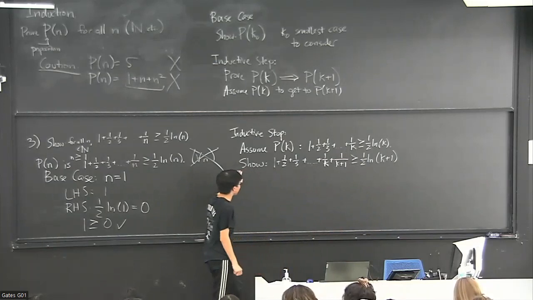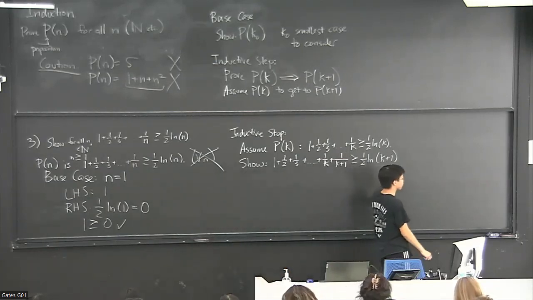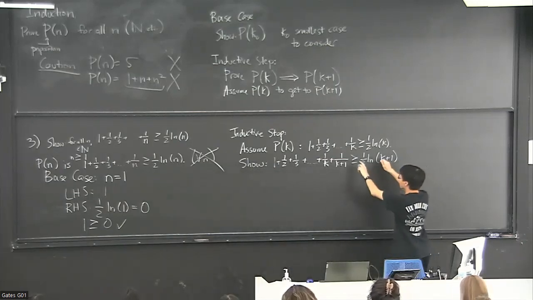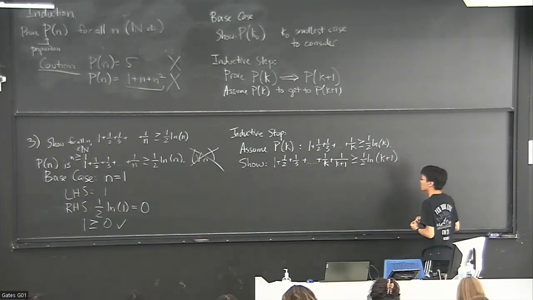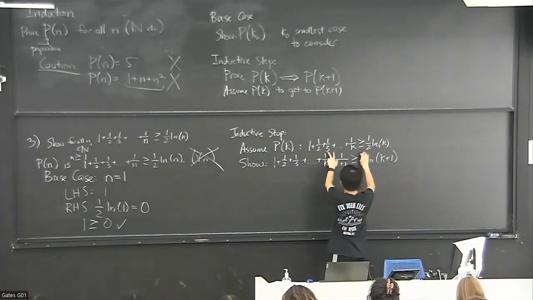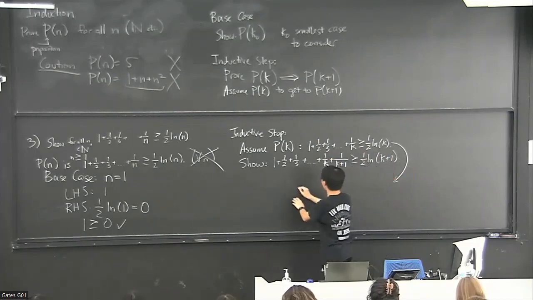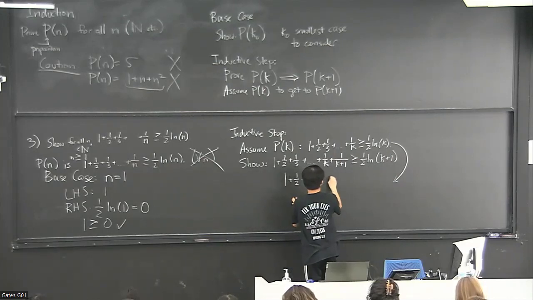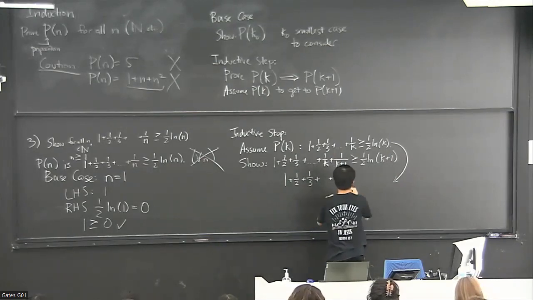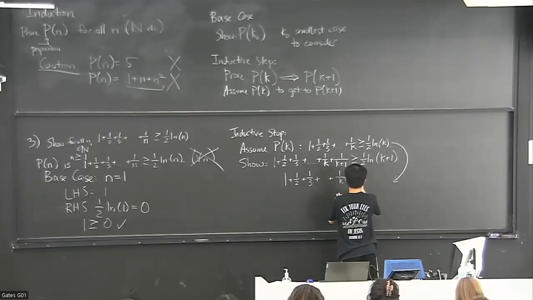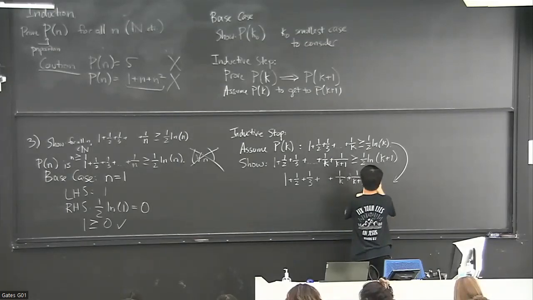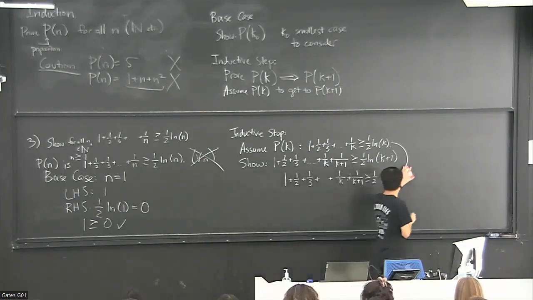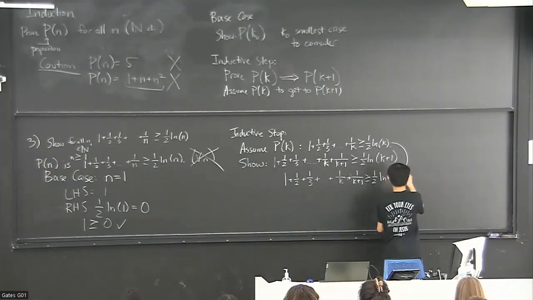Now, if I want to show this thing is true, I already know this is true. That means it gives me 1 plus a half plus a third plus 1 over k plus 1 over k plus 1 is greater than or equal to 1/2 natural log of k plus 1 over k plus 1.